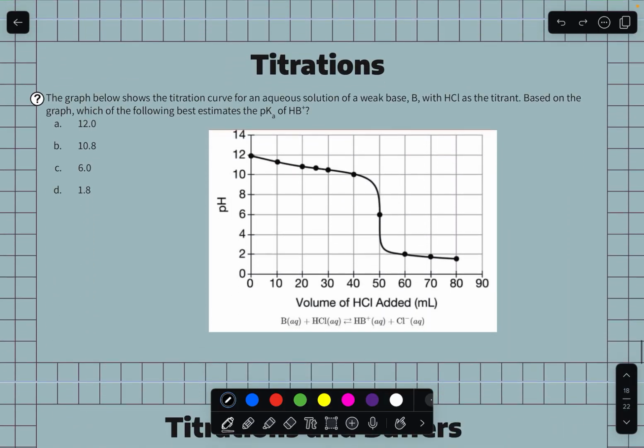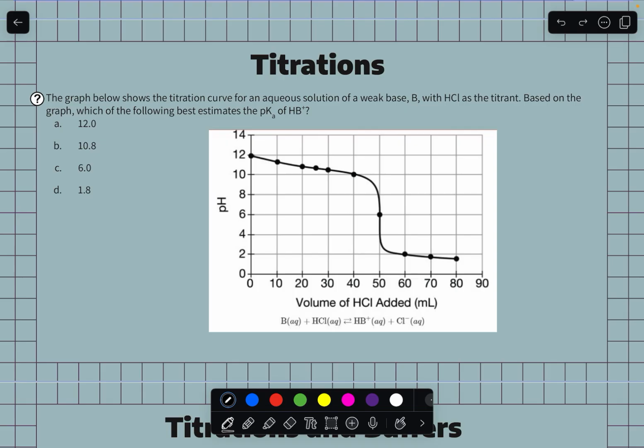Okay, so really quick in this graph here, if we have a titration with an aqueous solution of a weak base B with HCl as a titrant. Okay, so we're doing a titration with a weak base and a strong acid. Based on the graph, which of the following estimates the pKa of HB+? Okay, so what is a pKa of HB+?